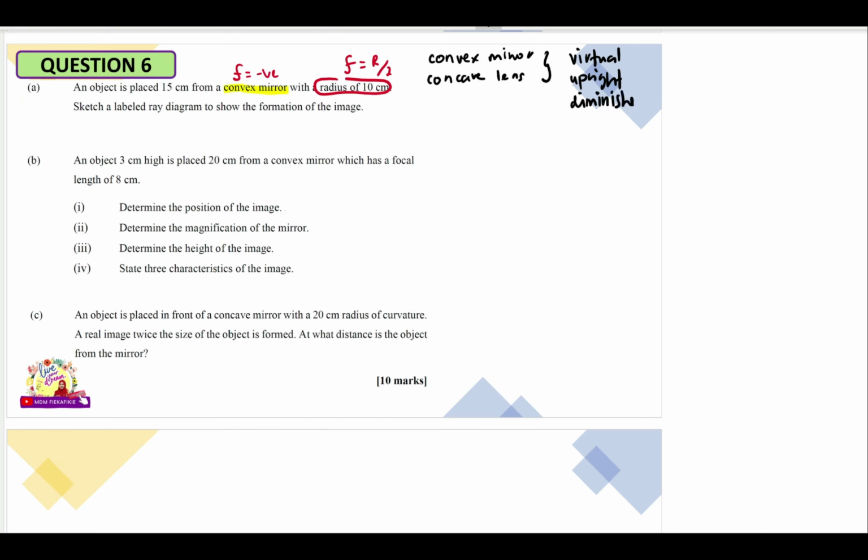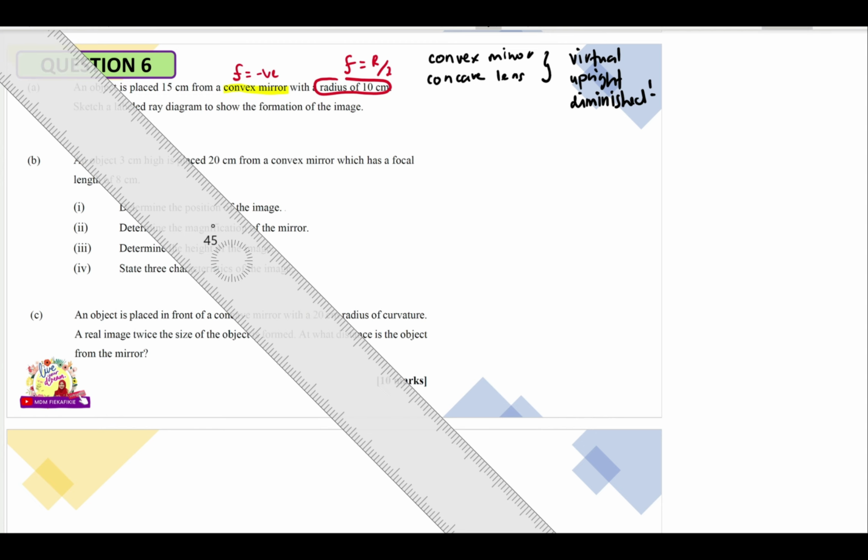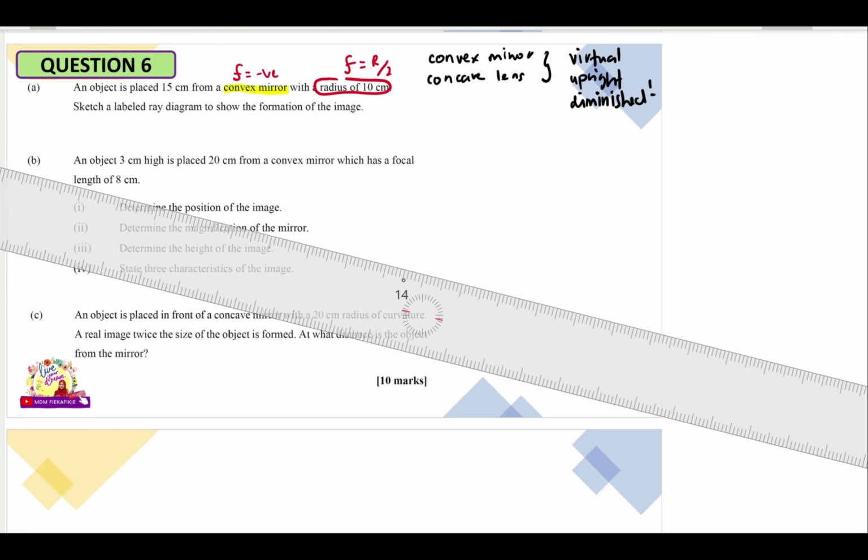Okay, so kita just revise saja. Jadi untuk convex mirror dan concave lens, dia tak boleh jadi image dia adalah virtual, upright, and magnified. Okay, so mesti ingatlah. Kalau you ingat, you tak ada masalah nanti.